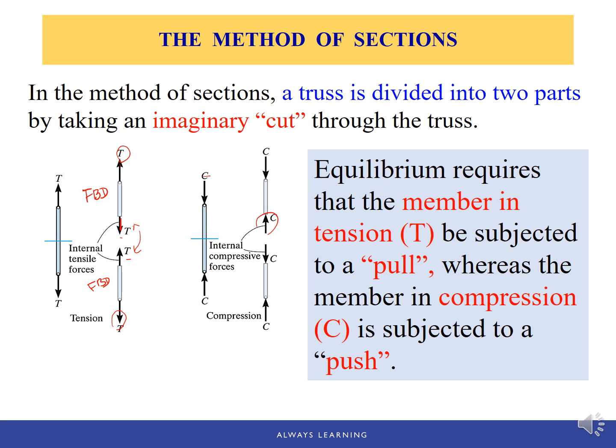And now we're looking for the tension applied to the end of the member. But if we can use the method of sections to find those internal forces, they have the same magnitude and the same pulling or pushing force.